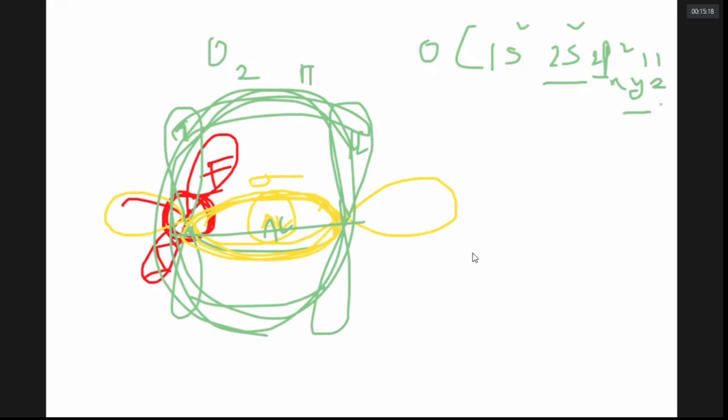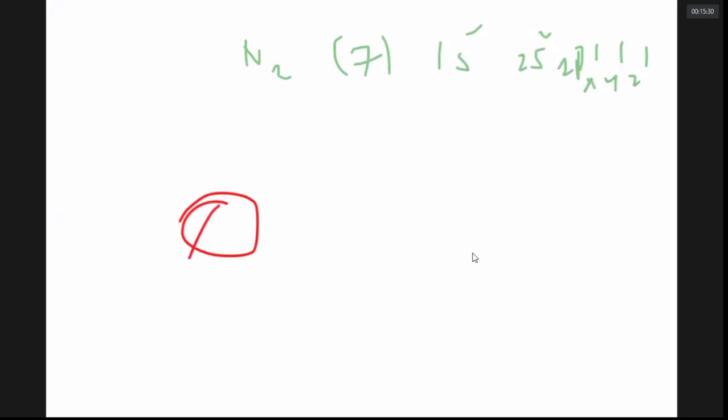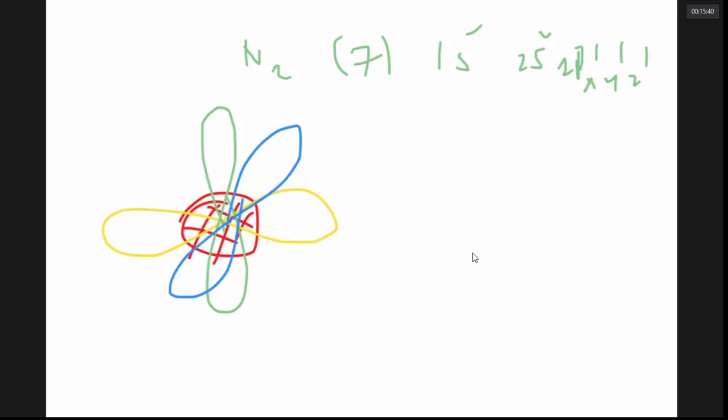Let us look at the formation of nitrogen. Nitrogen configuration is 1s2, 2s2, 2px1, 2py1, 2pz1. So it is 2s2. I don't require this because it is an electron pair. It is 2px1, it is 2py1, it is 2pz1, one electron each.